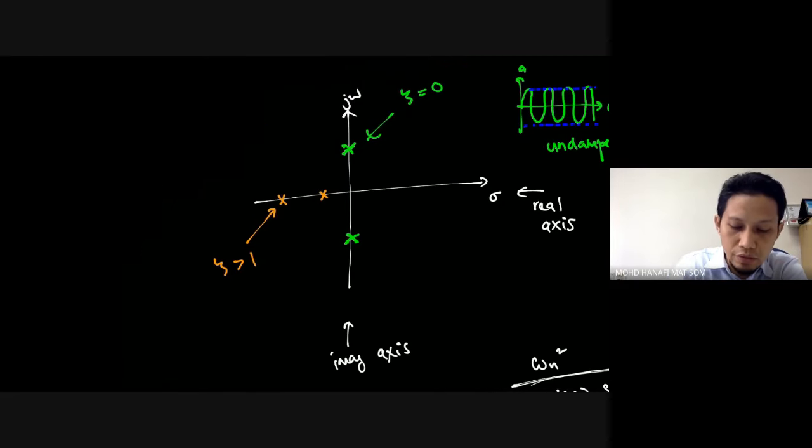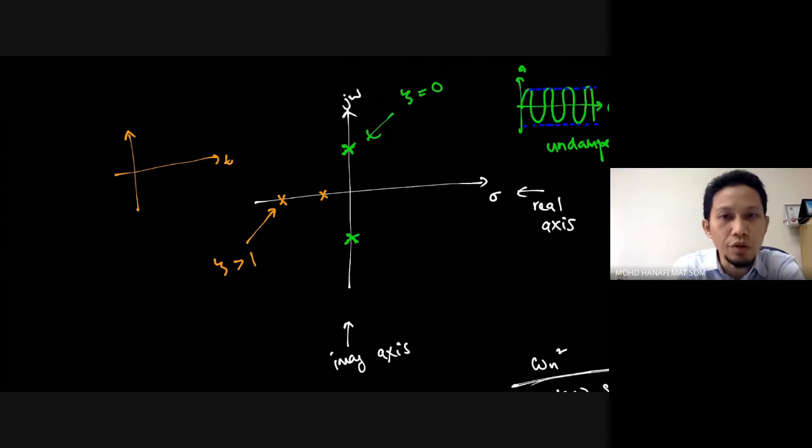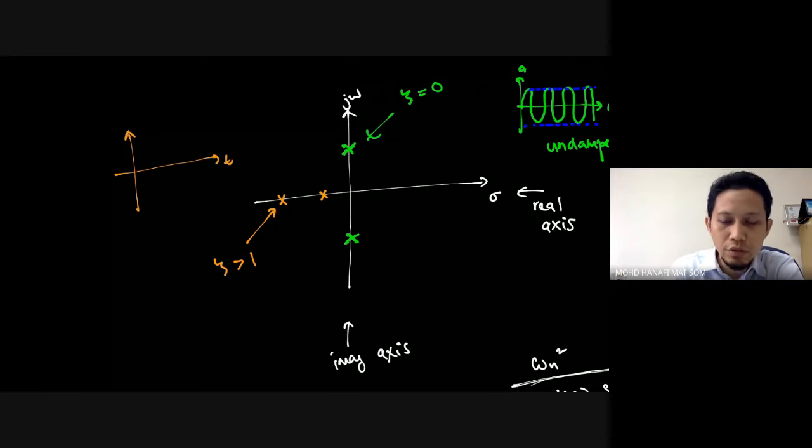And what you can see from the response over here is no oscillation at all. Because the damping ratio is greater than 1, it suppresses the oscillation. Thus, we don't have any frequency and we don't have any oscillation at all. So it becomes something like this. This is what we call overdamped.